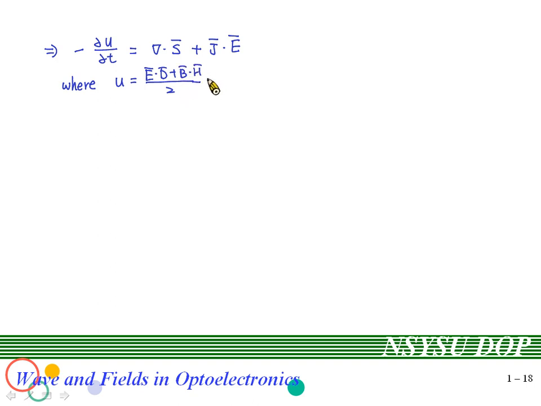And this is the summation of electric energy density and magnetic energy density, which means that U here is the total EM field energy density.